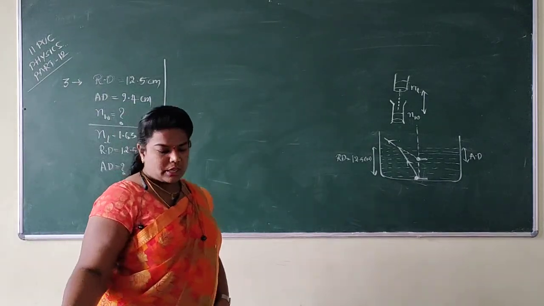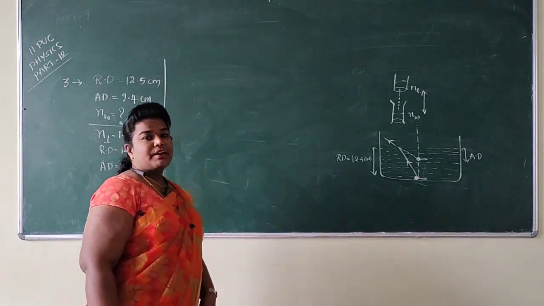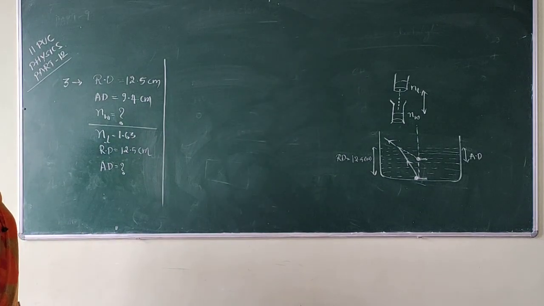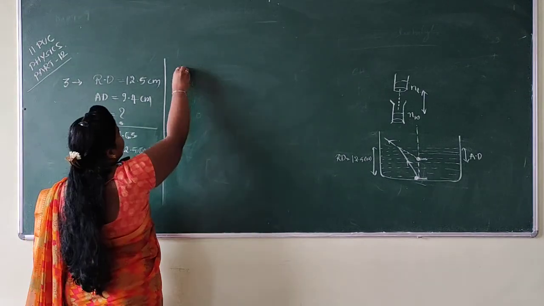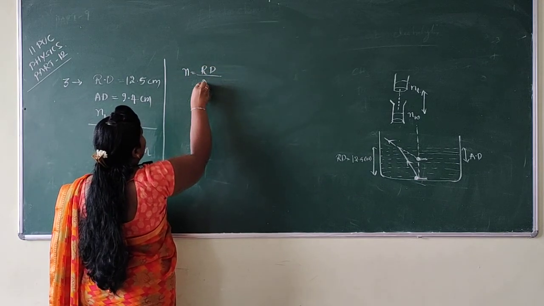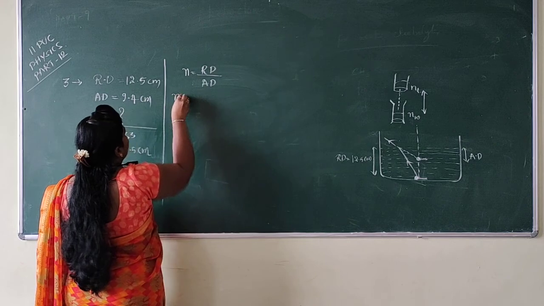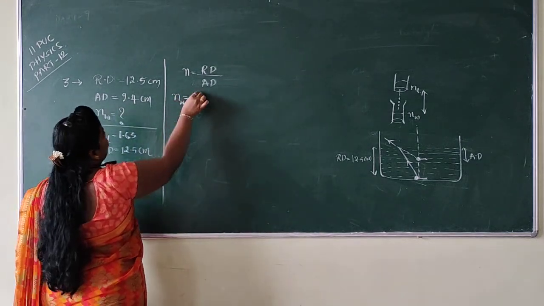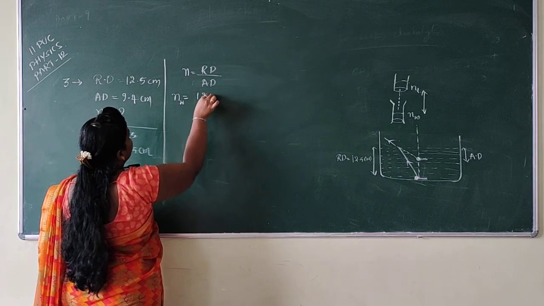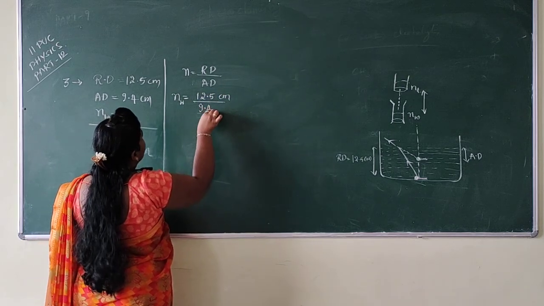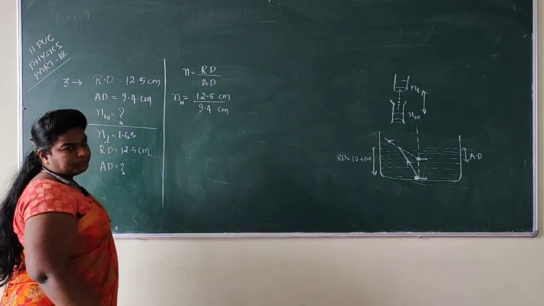Dear students, you know the formula, that is, refractive index n is equal to real depth divided by apparent depth. So I want to calculate nw, right? So nw is equal to, what is real depth? 12.5 centimeter divided by apparent depth, 9.4 centimeter.